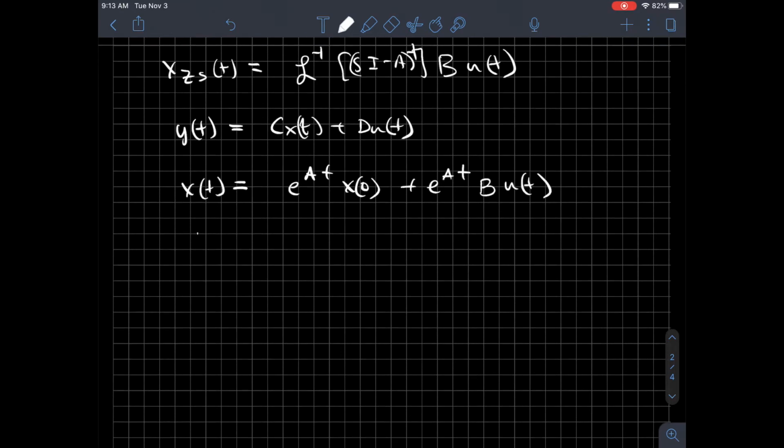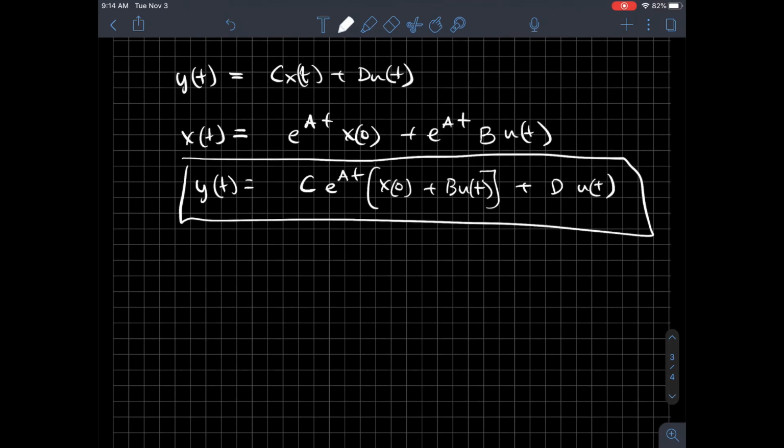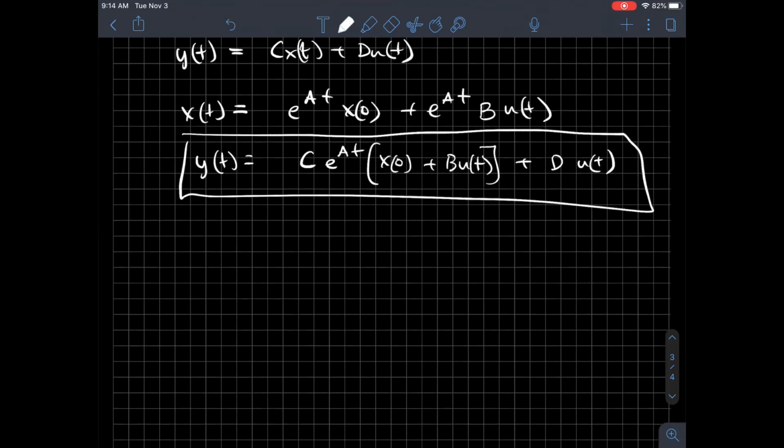So if I plug that into the output equation, y of t is equal to C e to the At x of 0 plus B u of t plus D u of t. So if I want the time domain value for y of t, I'll get it by doing this.